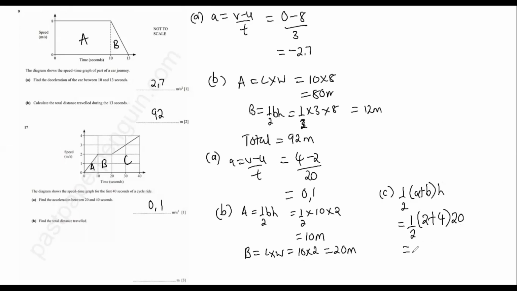We get 60. So now the total distance is 60 plus 20 plus 10, which gives 90 meters.